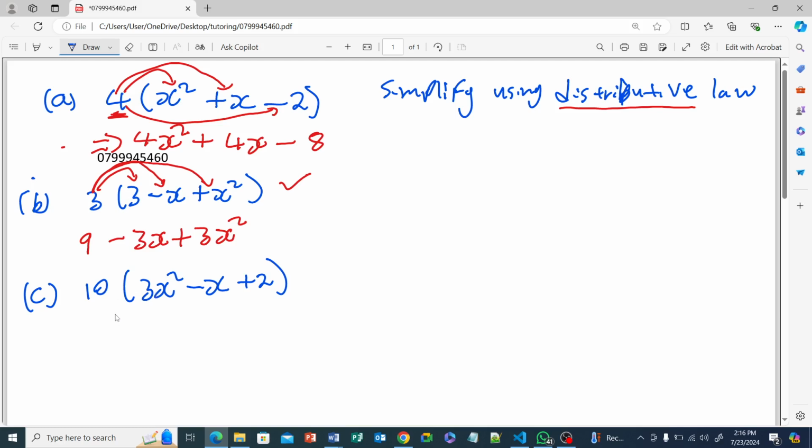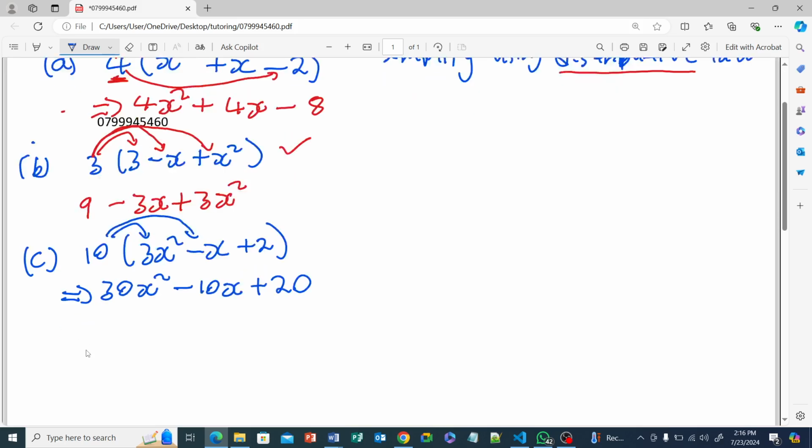So 10 multiplied by 3x squared gives 30x squared. 10 multiplied by negative x gives negative 10x. 10 multiplied by positive 2 gives positive 20. And this is your answer.